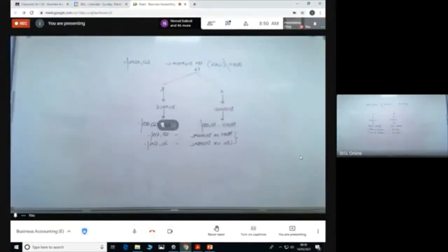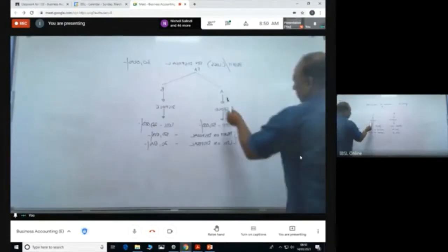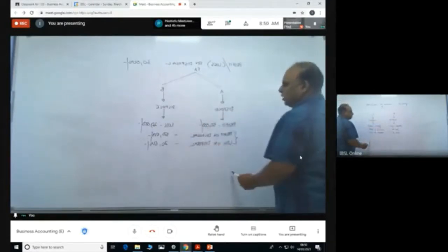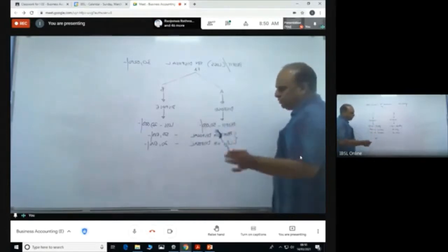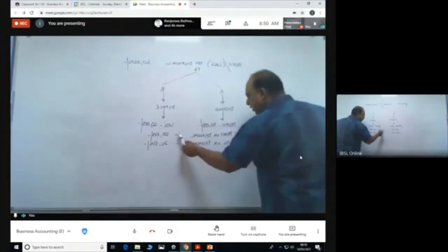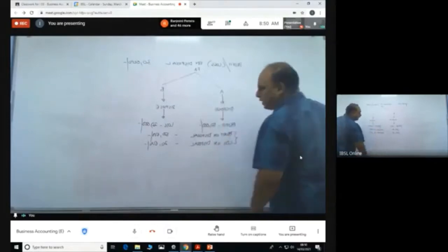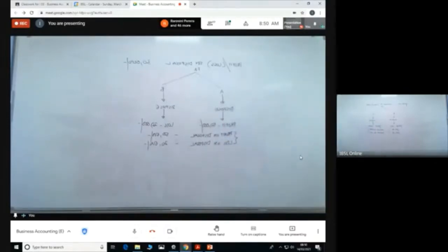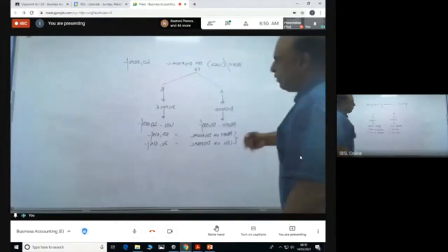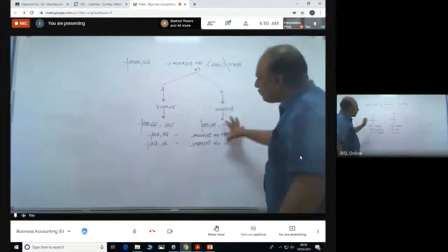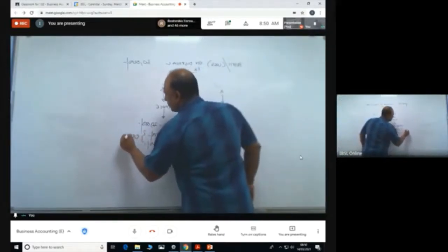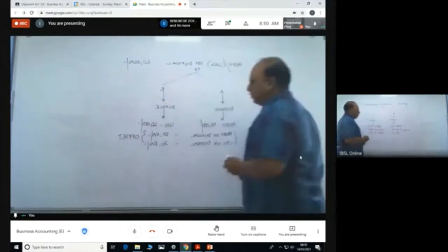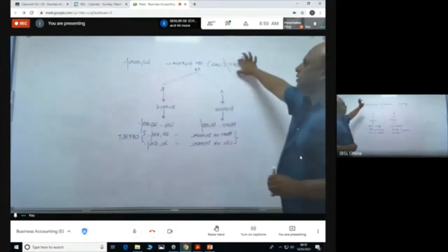So there is a profit, there is a loss. So if you want, you can go and show it like this also. There is no problem. In examination also, if you want, you can write two lines and show the profit separately and loss separately. But what LKAS 1 says is, there is an option for you to offset these two and show it like this.